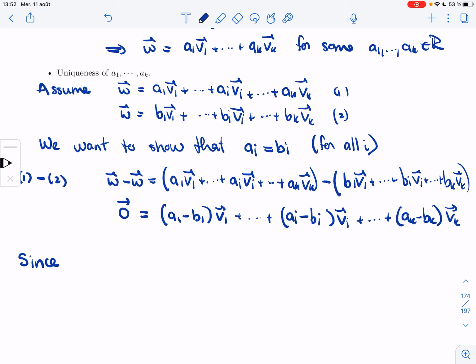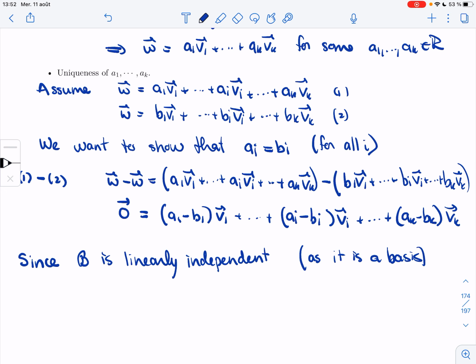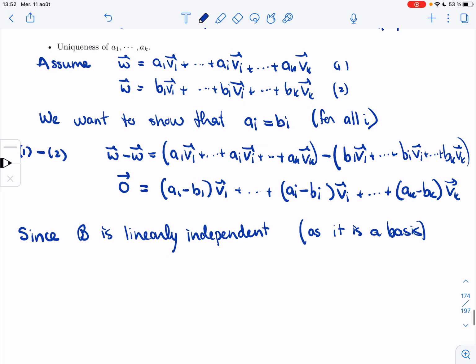Now, this is where we're going to use the second condition. Since B is linearly independent, we know it's a basis, so we know it's linearly independent. That tells us that there's only one way of writing 0 as a linear combination.